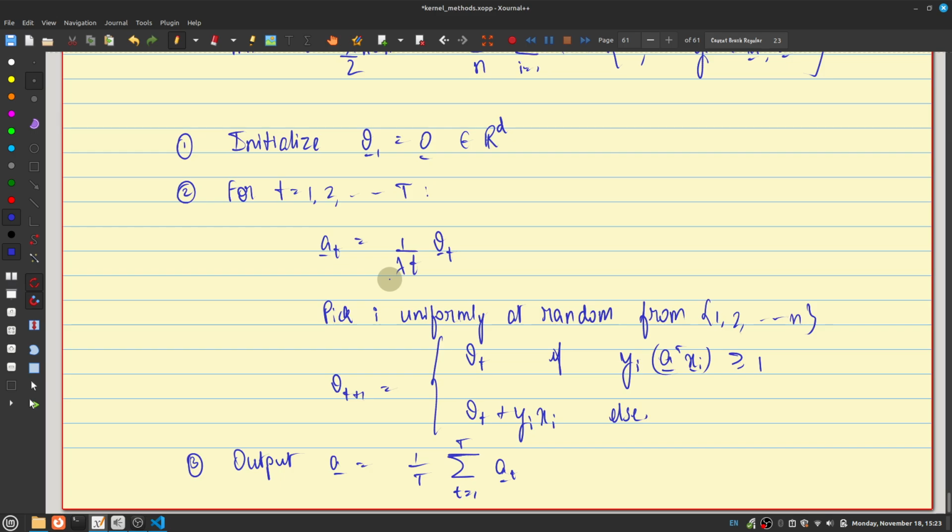As t tends to capital T, the a_t value will be very small. t will be high. That's okay, because we're implicitly assuming that T is very large. So you have this 1 over capital T, which will get rid of the first few terms. Even otherwise, this is what we are going to take as the solution, because this can be analyzed easily. But in practice, you don't do this averaging. You just take the last value of a. That's it.